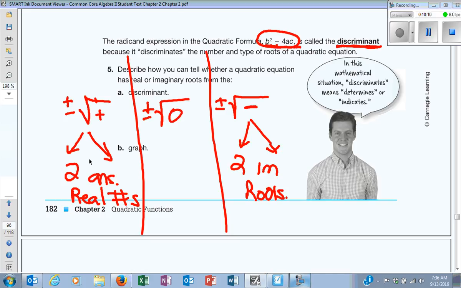What happens if you add 0 to a number? What if you subtract 0 from that same number? So how many different answers are you going to have if you add or subtract 0? You're only going to have one real root, because you're adding 0 to it.